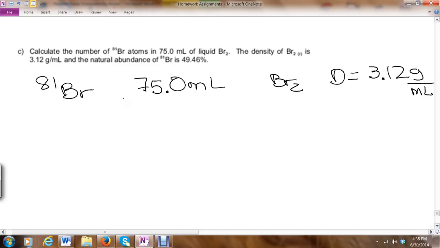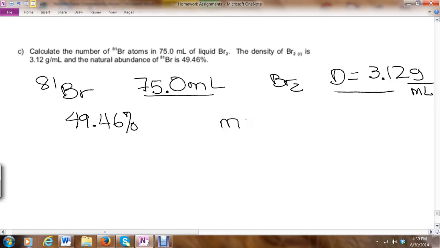Okay, so the natural abundance of bromine 81 is 49.46%. Now, they're giving you the milliliters, they're giving you the density, and what they're asking is for the number of atoms.